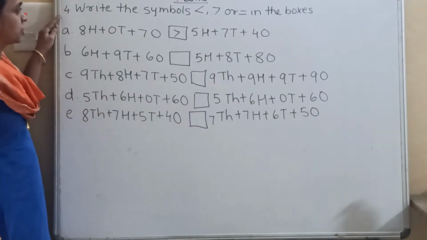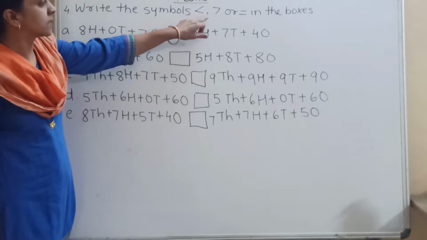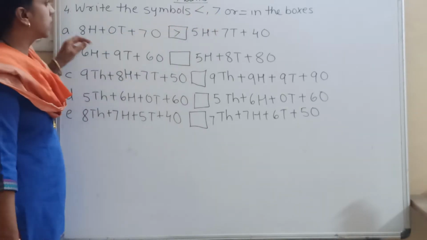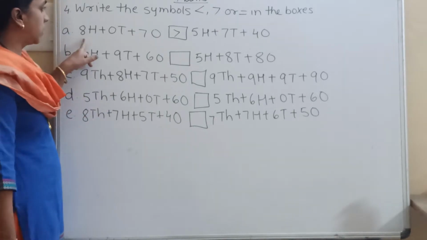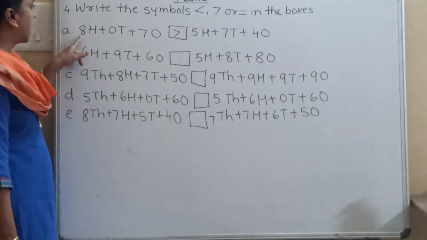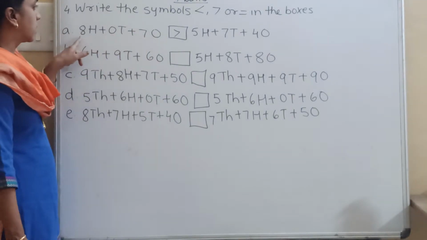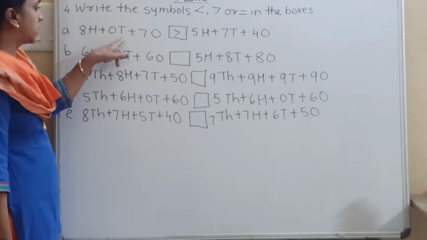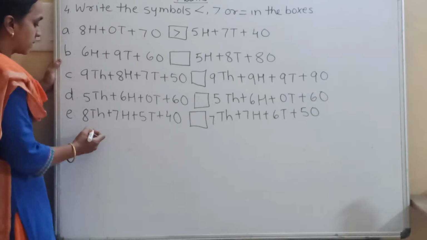Now see fourth question. Write the symbols greater than, less than, or equal to in the boxes. The first example is already given in your textbook. What is the first example? 800 plus 0 tens plus 7 ones. So 800 plus 0 tens means 0, plus 7 ones means 7: 807.